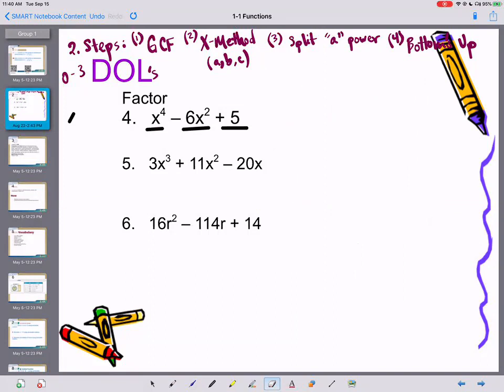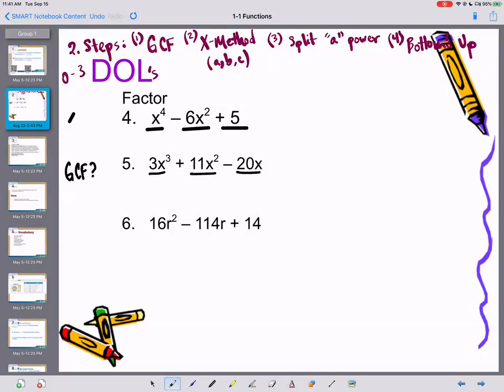Okay, now let's look at number 5. So we got the answer to number 4. Number 5, do we have a GCF? No. All right, I hear 2 no's. Someone speak up when they come up with the yes. The correct answer is yes, there is something in common between all 3 of these.